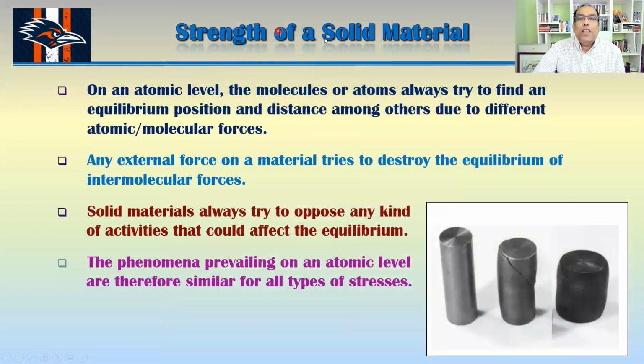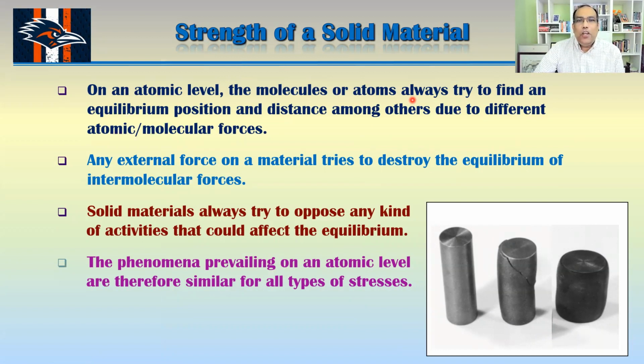Now, strength of a solid material is a little bit different than the strength of soil. So we need to see what actually is the strength of a solid material. On an atomic level, the molecules or atoms always try to find an equilibrium position and distance among others due to different atomic molecular forces.